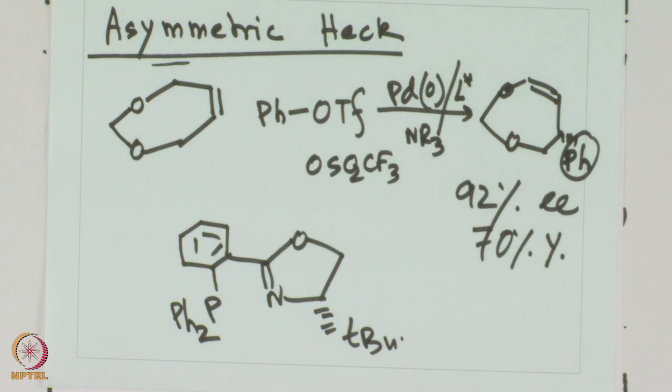In this reaction, we started with a cyclic internal olefin. There is an alpha carbon with respect to the olefin, which has a CH2 unit.